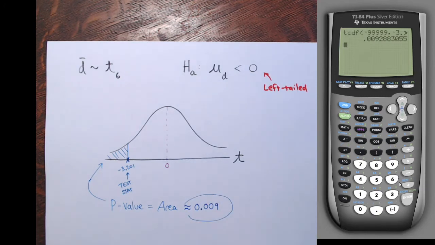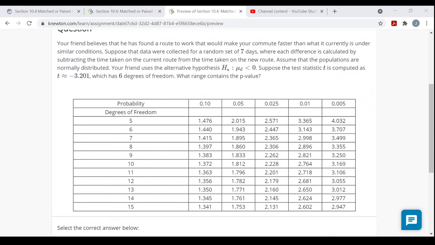Now they're asking us what this is between, using our table. This is between 0.5% and 1%. We're going to see that here in the table in a second. So I'm looking at this 6 degrees of freedom row, and the test statistic is negative 3.201, but these are all positive values.